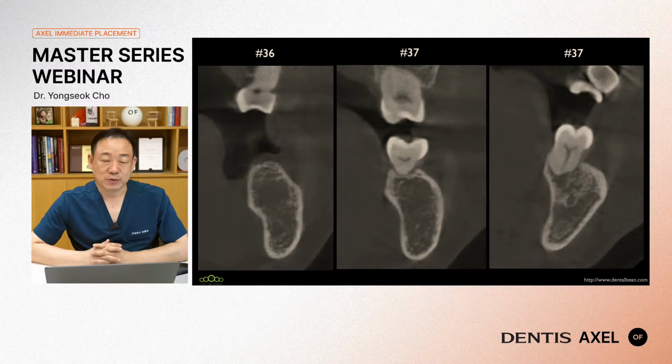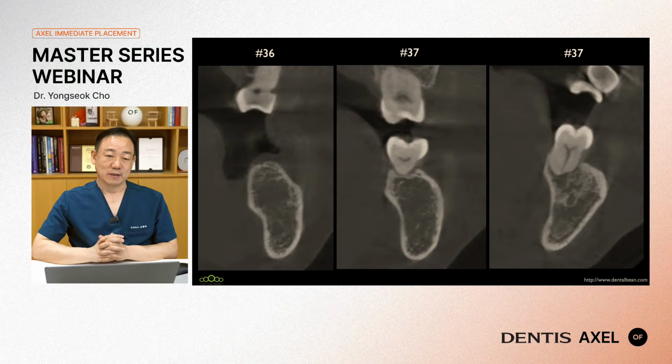Look at the CT view. In this case, as in many old female patients, there is very low bone density. Here in the CT view, this is D3 or D4 bone marrow density.